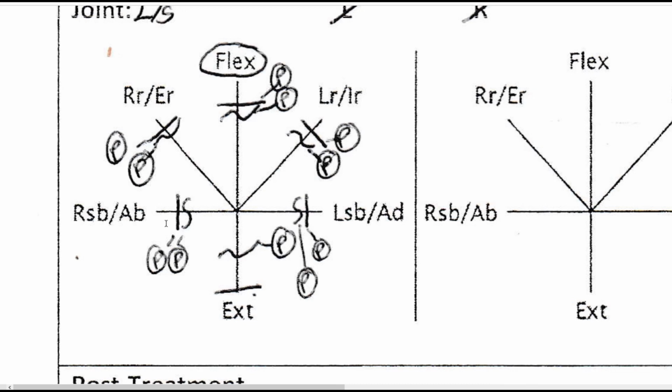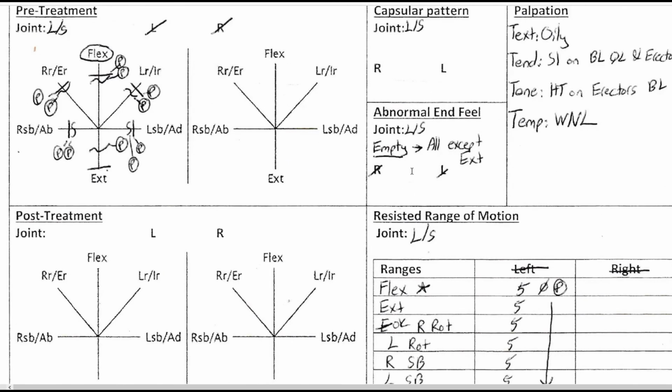And it's all the same on right rotation, left rotation, right side bending, left side bending, except extension passive, it's fine. But when it comes down to active, when they do it, it is painful. That's why, because passive is also painful, they just didn't let me finish the motion towards the normal limit.